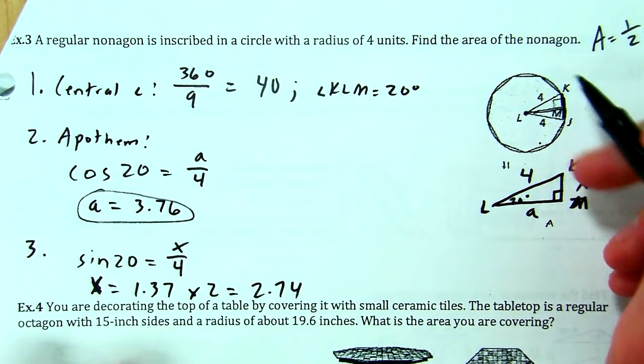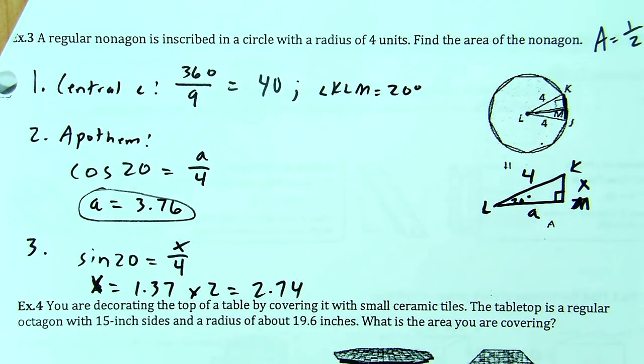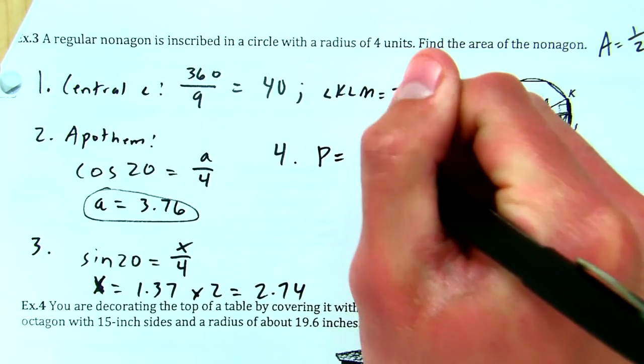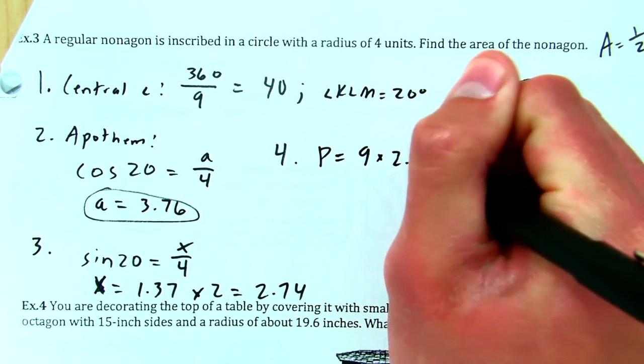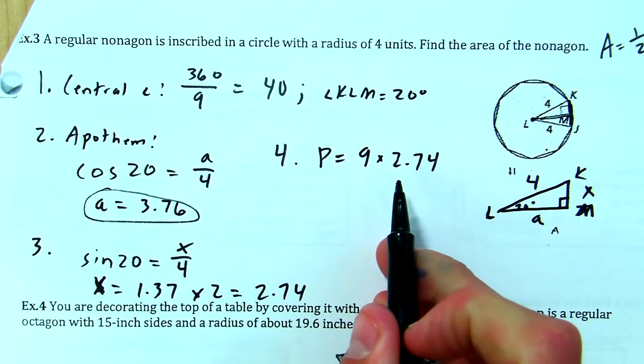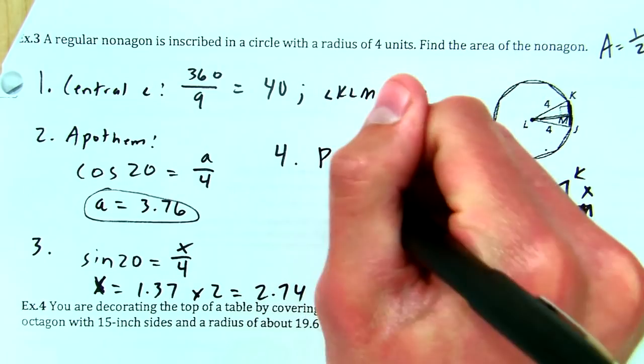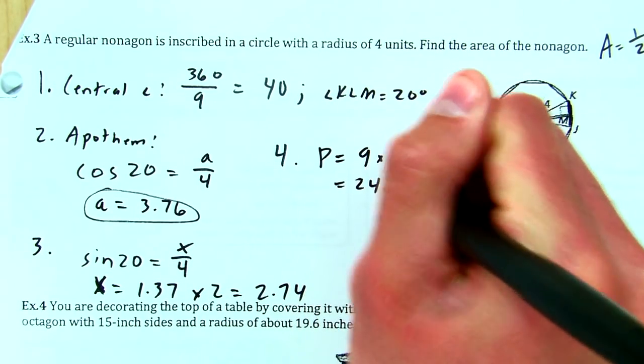So now I know that each of these lengths are 2.74. And then to find the perimeter is all those 2.74s added together. Or I got 9 of them, so you can do 9 times 2.74, and you get 24.66.